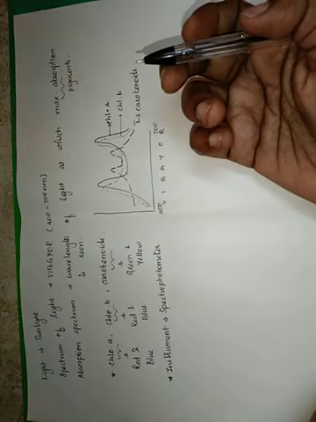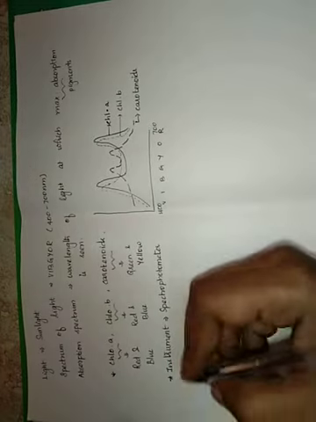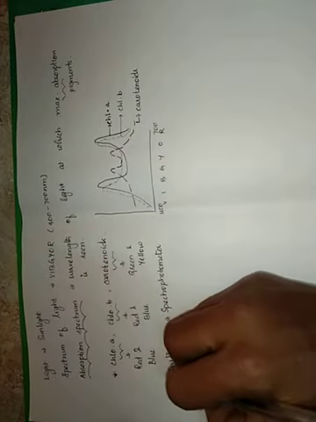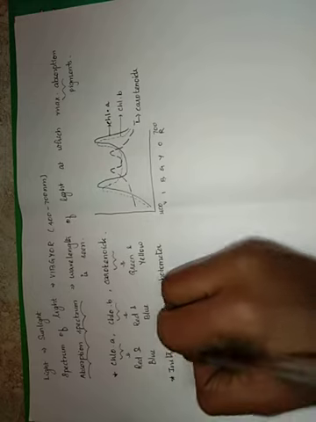With the help of the values that were obtained for the absorptions of chlorophyll A, B and carotenoids, a graph was plotted and it showed their absorption maximum at different wavelengths of light. So absorption spectrum is one important term that we have studied, and one more term that has to be studied is action spectrum.